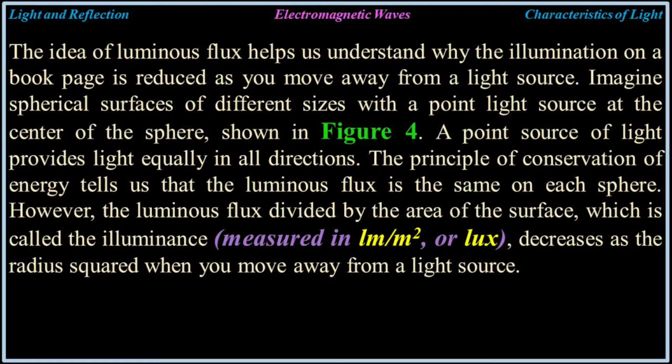However, the luminous flux divided by the area of the surface, which is called the illuminance, and it's measured in lumens per square meter, or lux, decreases as the radius squared when you move away from a light source.